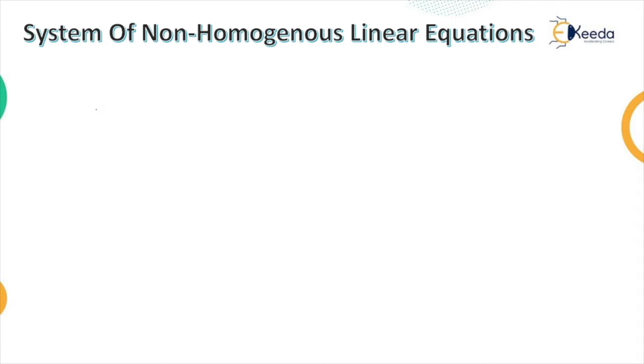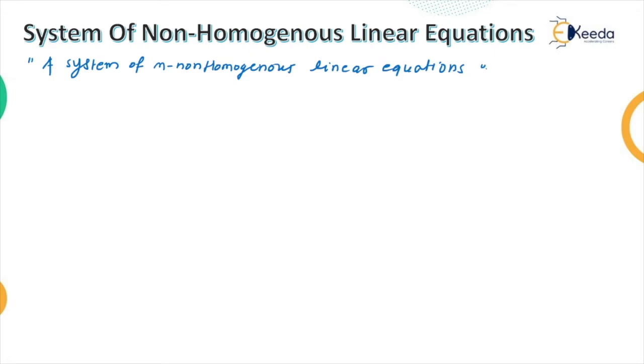Let me consider a system of m non-homogeneous linear equations with n variables, that is, with n unknowns.